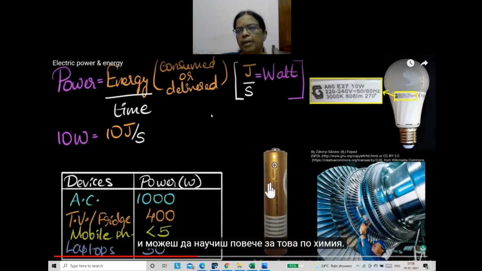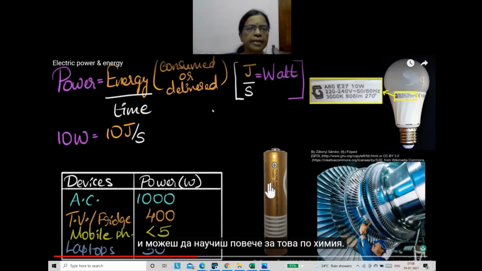Light energy, heat energy. So energy consumed. Some devices deliver energy, for example the battery and generator deliver energy. But some devices, bulb, heater, iron box, etc., consume electrical energy.